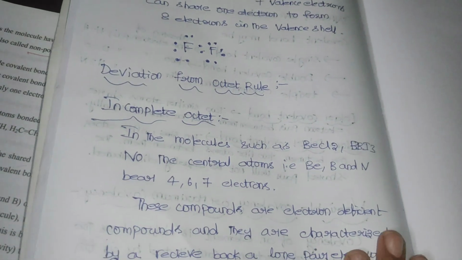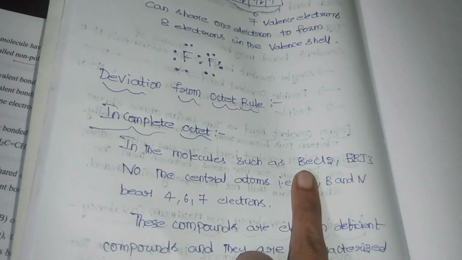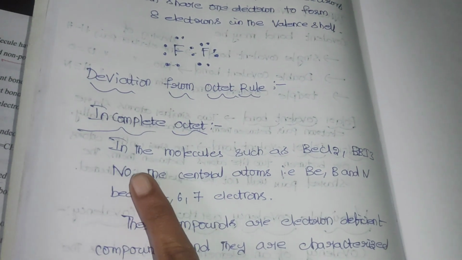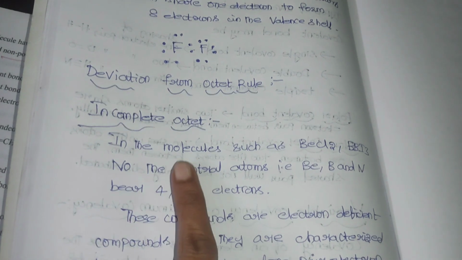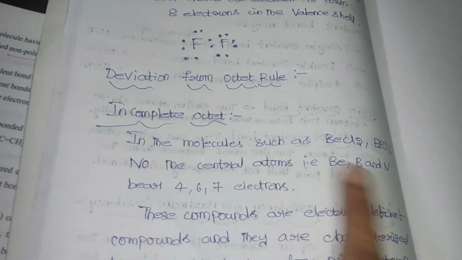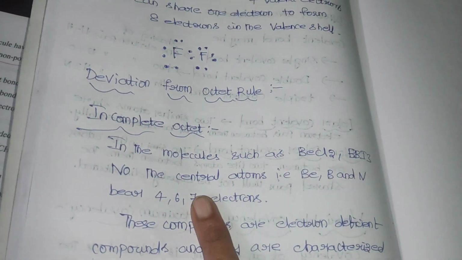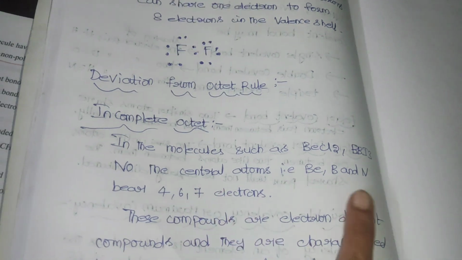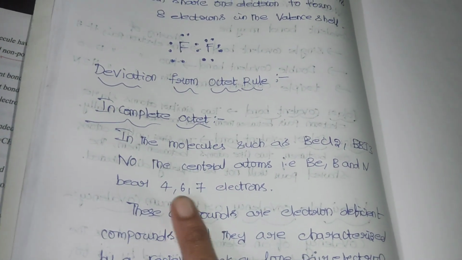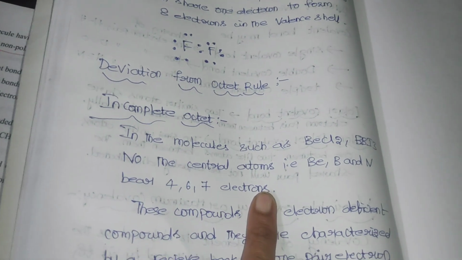Incomplete octet: sometimes there will be an incomplete octet in molecules such as BeCl2, BF3, NO, nitrogen oxide. The central atoms like beryllium, boron, nitrogen bear 4, 6, and 7 electrons respectively. They are electron deficient because they have less than 8 electrons.